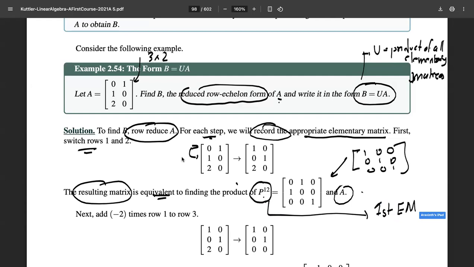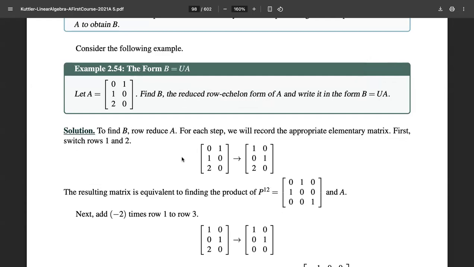I'm going to write it as EM. The first EM is P12. So we are applying P12 matrix multiplication on the left to A.